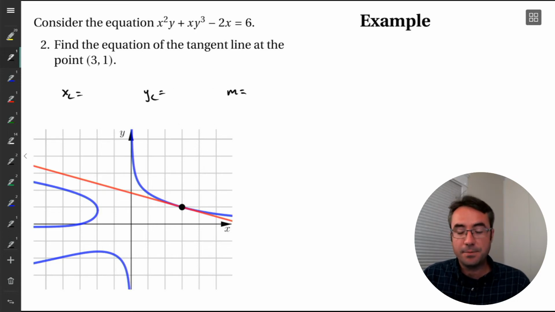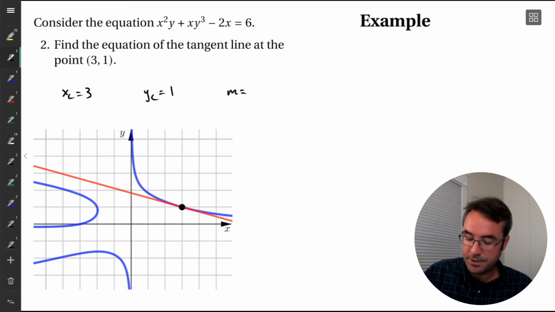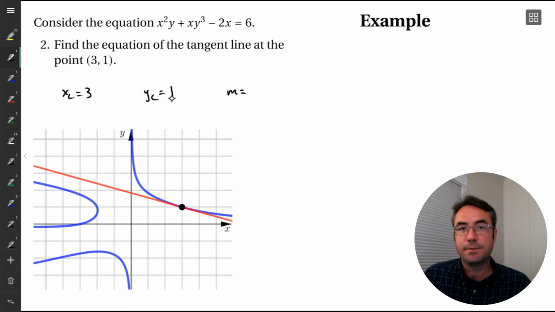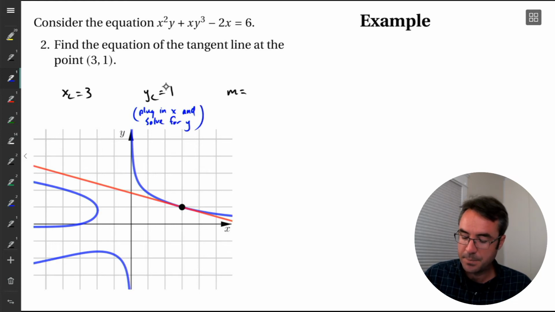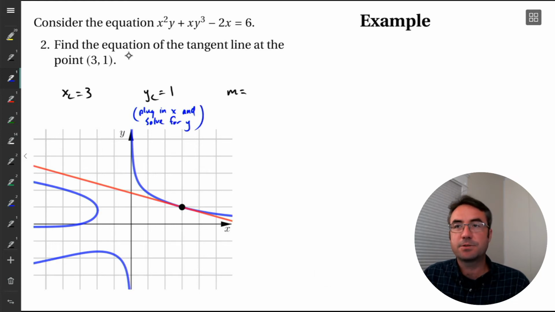So for this problem, we're given the x coordinate, it's 3. We're given the y coordinate, it's 1. If we didn't know our y coordinate, we could plug our x value into this equation and solve for y. So sometimes if you're only given the x coordinate, you might have to do that.